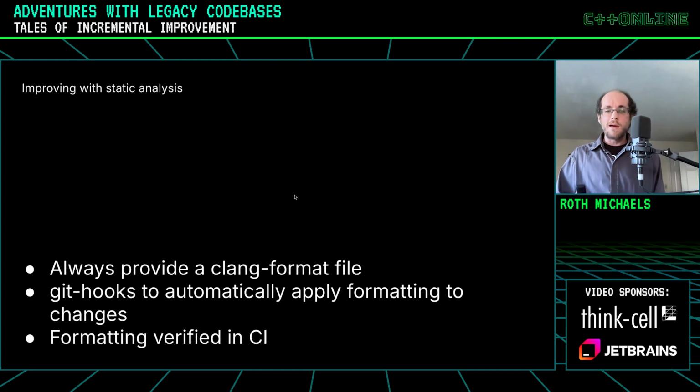Even if you don't have automatic ways of applying that formatting or checking in CI, it will at least make it much easier for other people from other teams to come in and potentially collaborate on your legacy system, if they at least have a format file that lets them write code the way you and your team do, without needing to really learn that if they're coming into a new area of the code base.